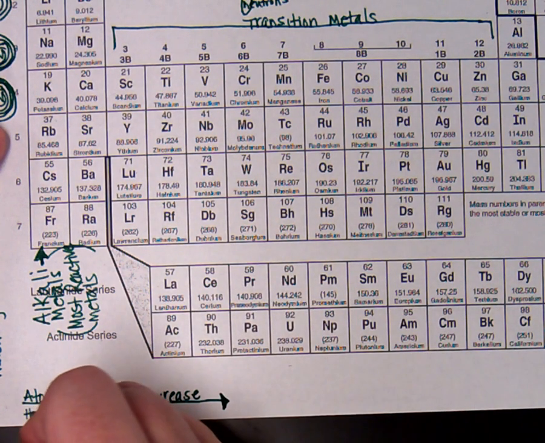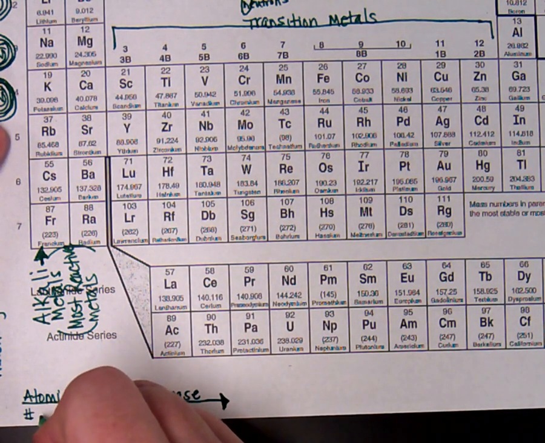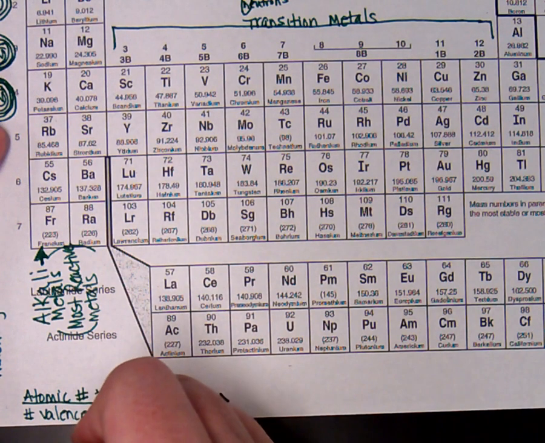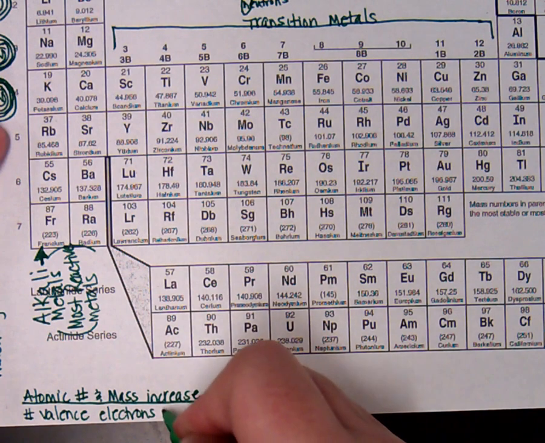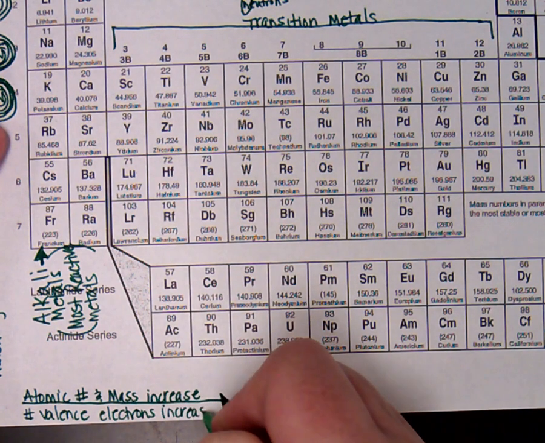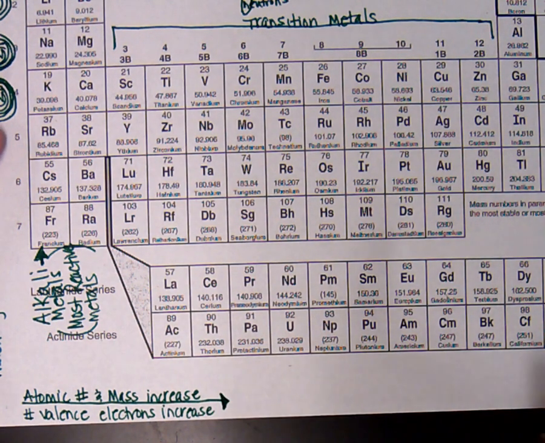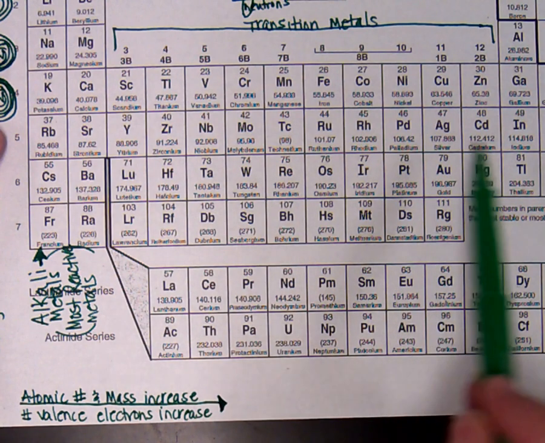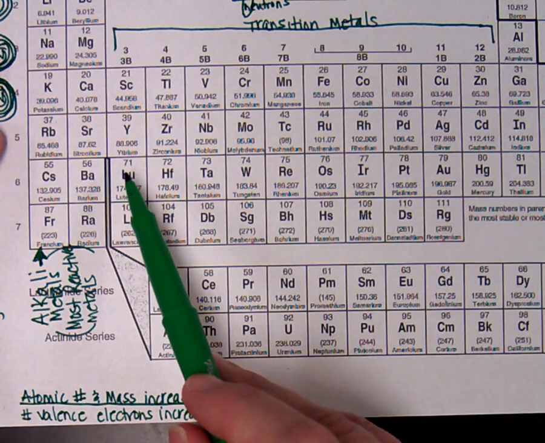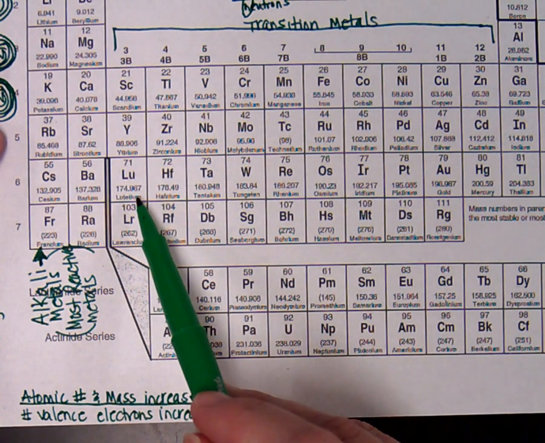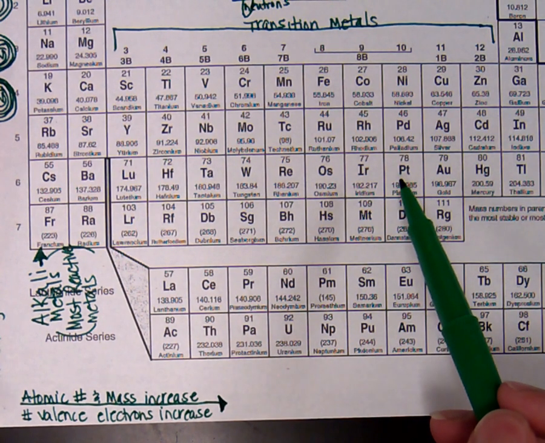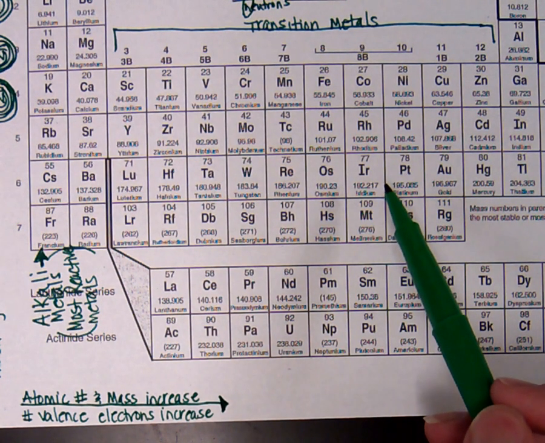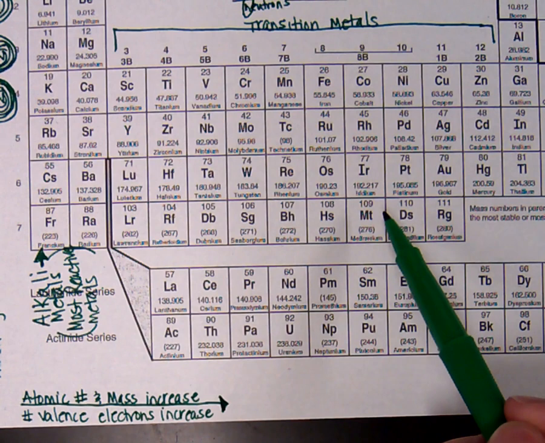We also find that the number of valence electrons increase. So as you move across the period, the atomic number and the mass increases, and so does the valence electrons. Now we will be doing this several times over the next week.